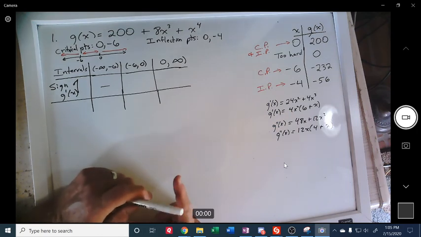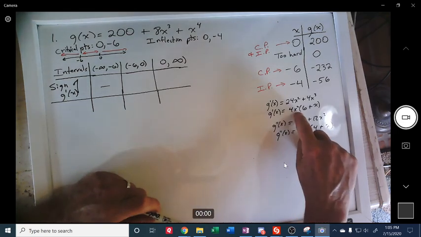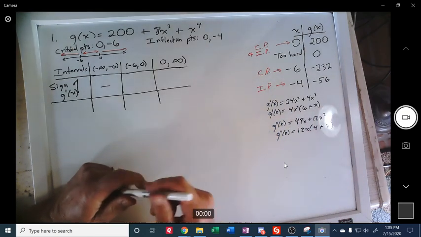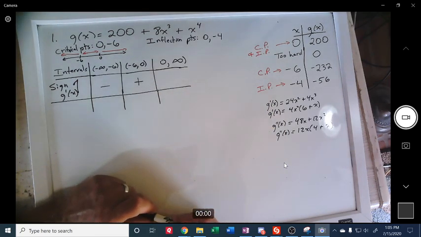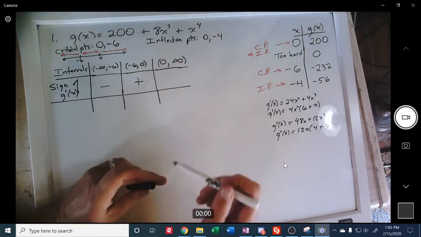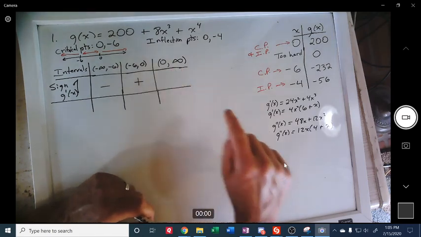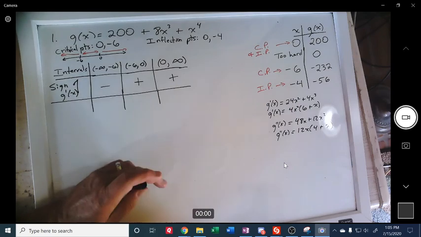And then from negative 6 to 0, I can pick right in the middle of that, like negative 3. If I picked x equals negative 3, I would get a positive times a positive, which is positive. If I pick something between 0 and infinity, like positive 1,000,000, well, everything's going to be positive. So it's positive.